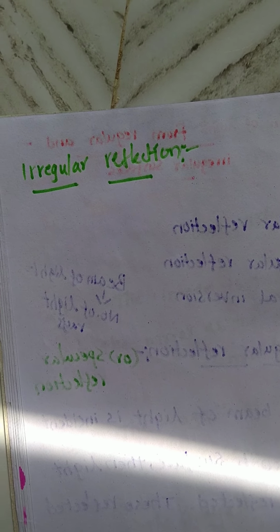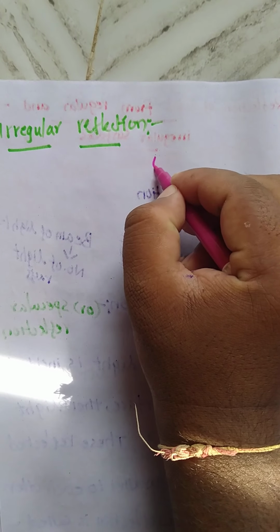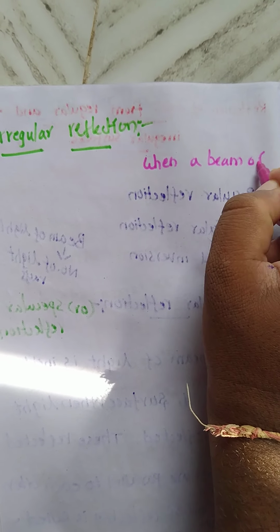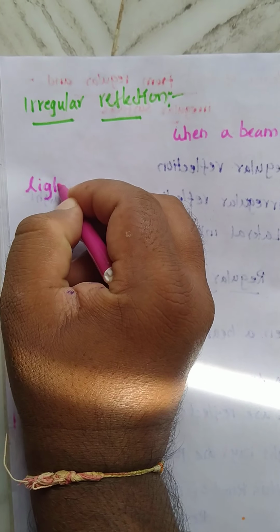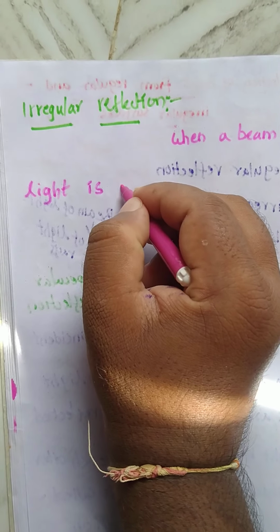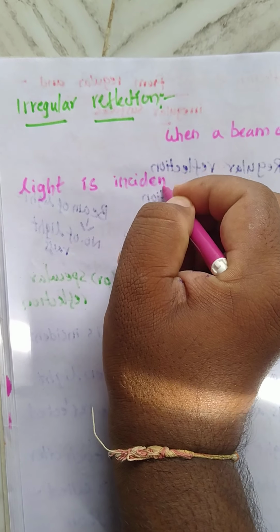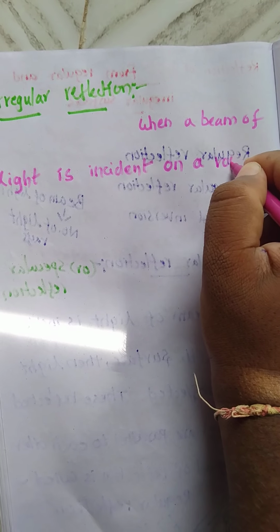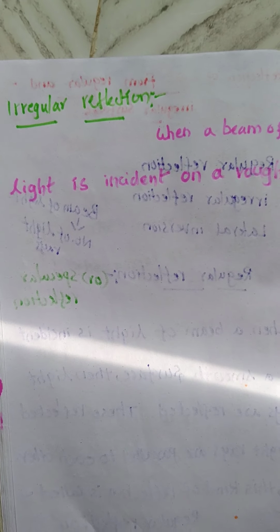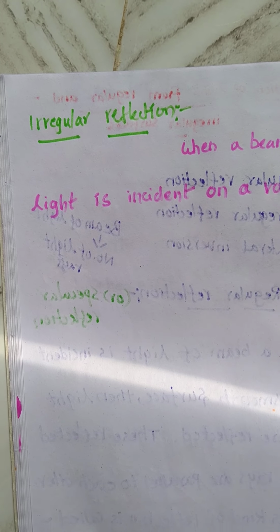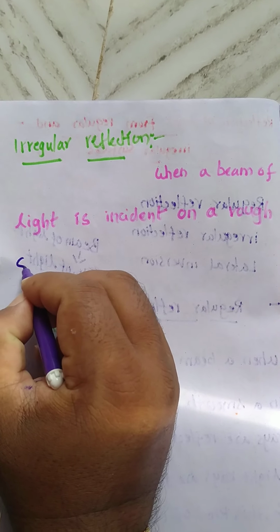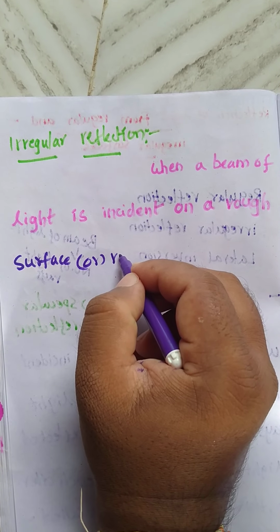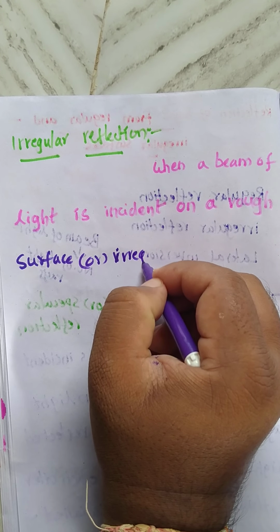When a beam of light is incident on a rough surface, or irregular surface, then what happens?